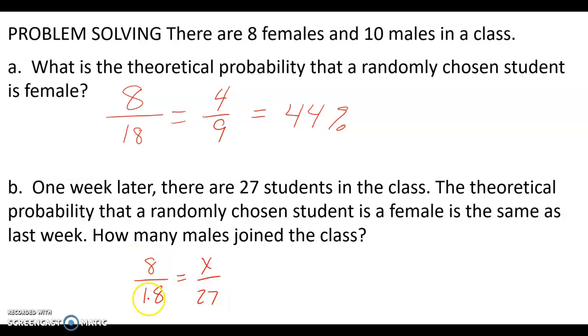So 27 times 8 divided by 18, that means there are 12 girls. So if we have 12 girls, we will go, there's 27 students minus the 12 girls. That means there are 15 boys.